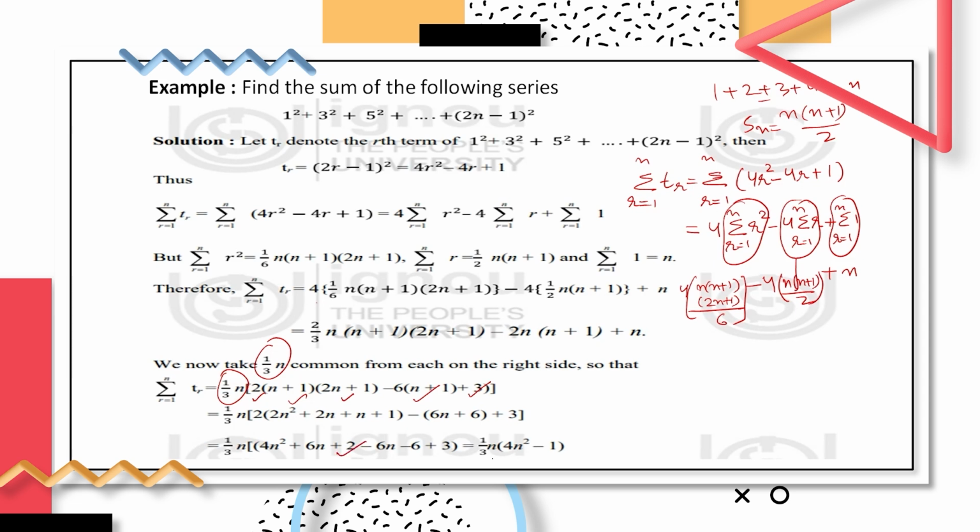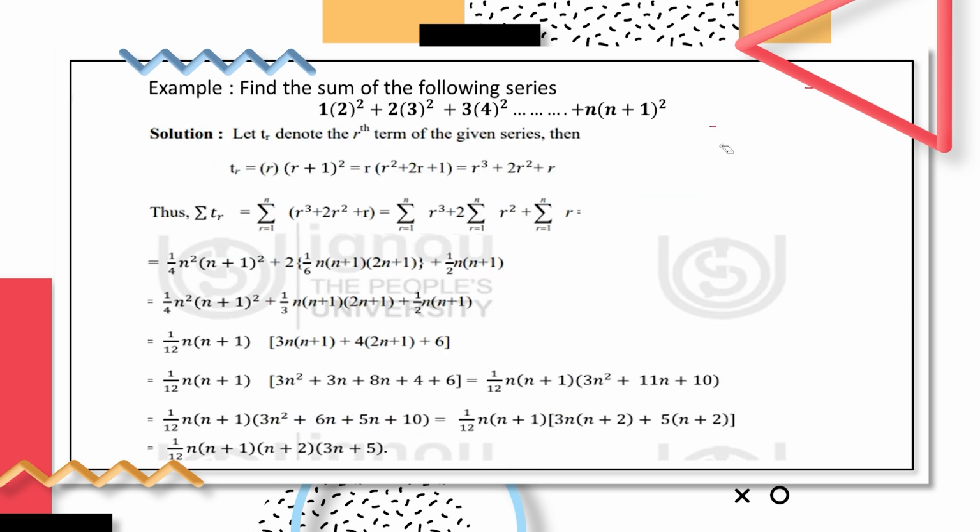The final expression turns out to be 1 by 3 n into 4n square minus 1, which is this expression. You can easily get this solution by solving it as it is shown over here. Just open the braces, multiply each and every term and you get the answer.